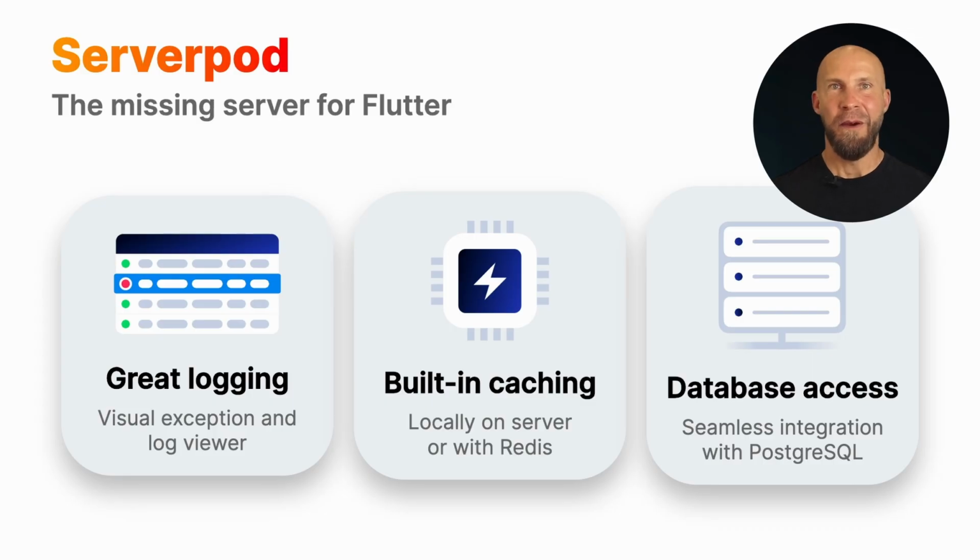In Serverpod, we added some really cool, innovative features, like world-class logging. Regardless of whether you're testing things locally on your computer or in production in the cloud, you can get logs straight out from Serverpod in a visual interface. We also built a revolutionary ORM, so talking with your database is super easy with Serverpod.